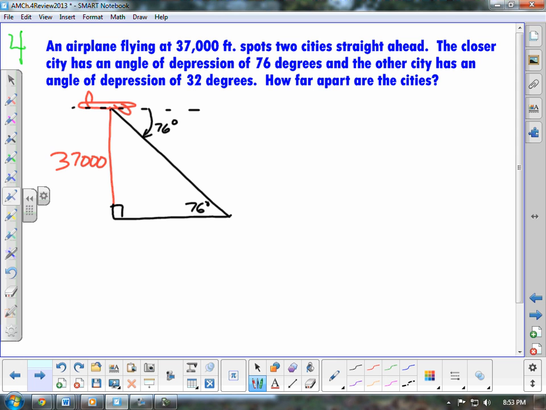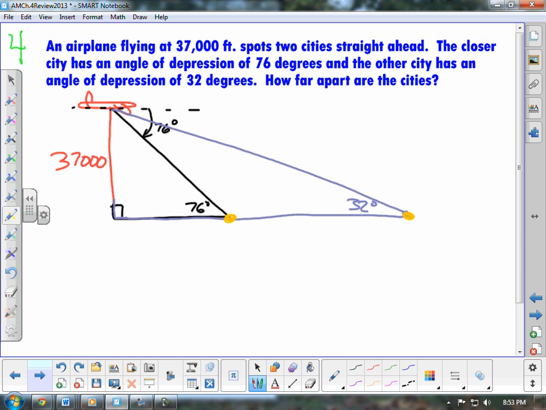The other one is out here, and it has an angle of depression of 32 degrees, which is also the angle of elevation. You are trying to find the distance from one city to the other.